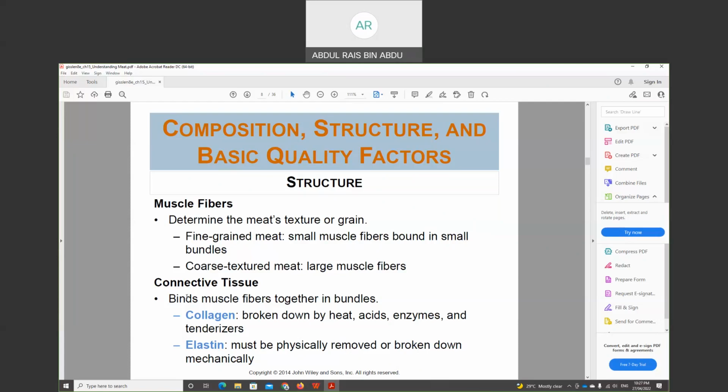For connective tissues, dia kata, it binds muscle fibers together in bundles. It has collagen in it, and collagen is broken down by heat, acid and enzyme tenderizer. It is also connective tissue juga ada elastin because it might be physically removed or broken down mechanically.